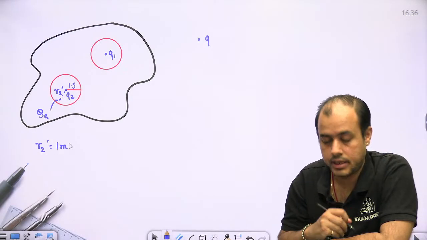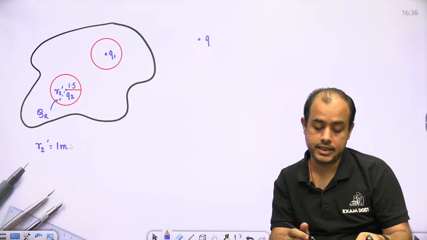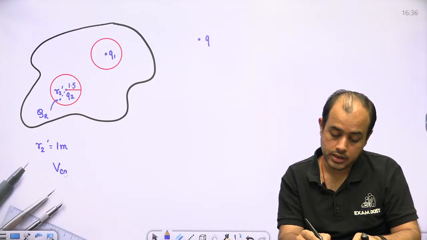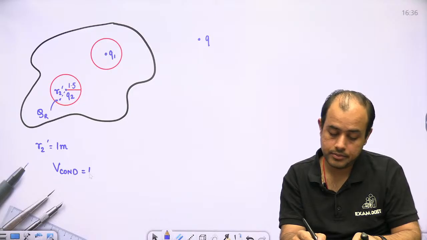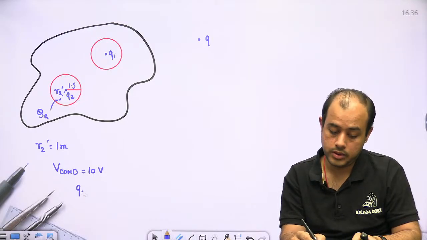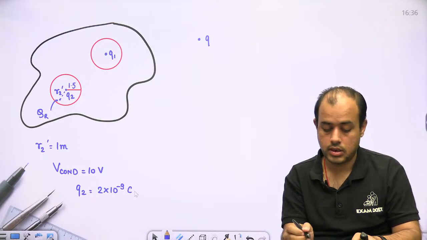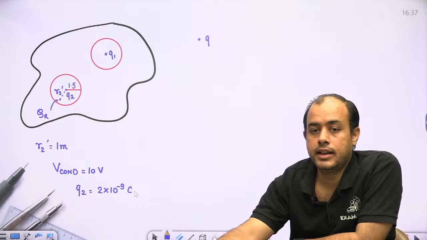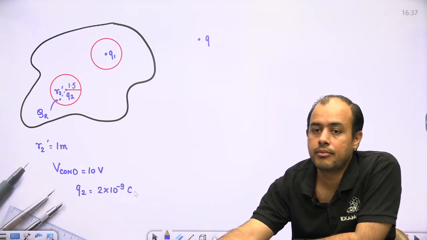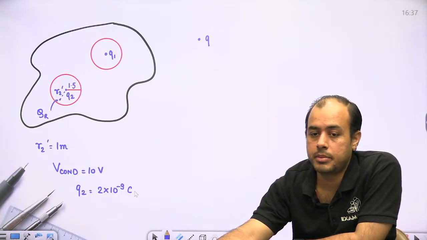R2 dash is 1 meter. Okay, this is how the arrangement is. Potential of the conductor is 10 volt, and Q2 is 2 into 10 to the power minus 9 Coulomb. Is this clear to everybody?